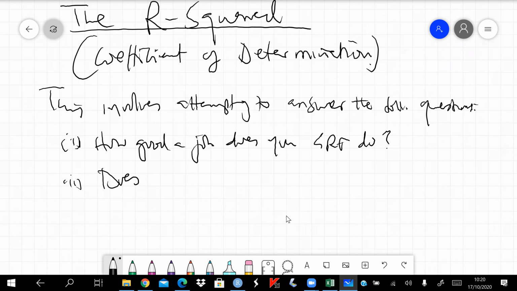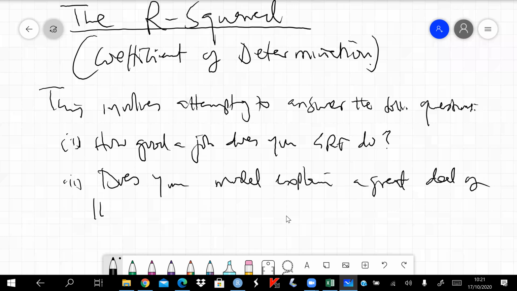So does your model explain a great deal of the variation of Y? The variation of Y is what we are calling the total variation, or not?